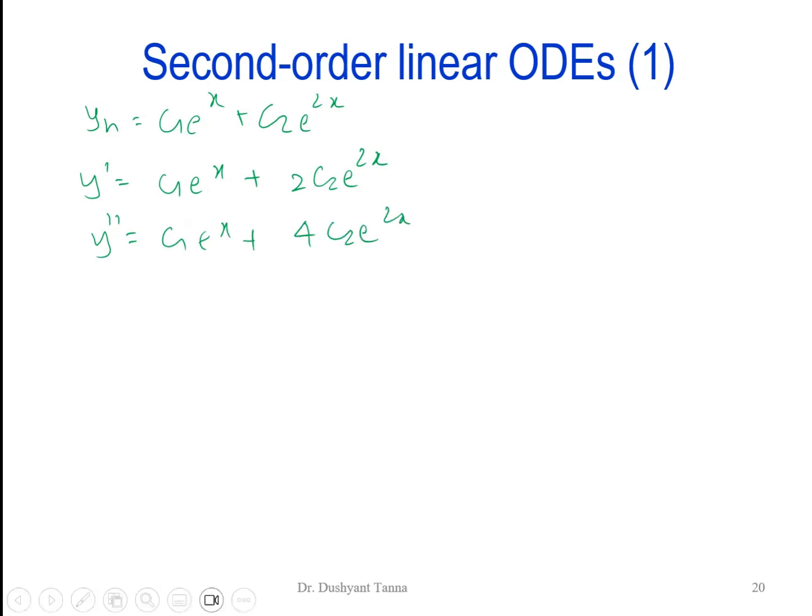The question I had was Y double dash minus 3y dash plus 2y is 0. So C1, I'm just verifying. Additional steps, don't worry about doing it.